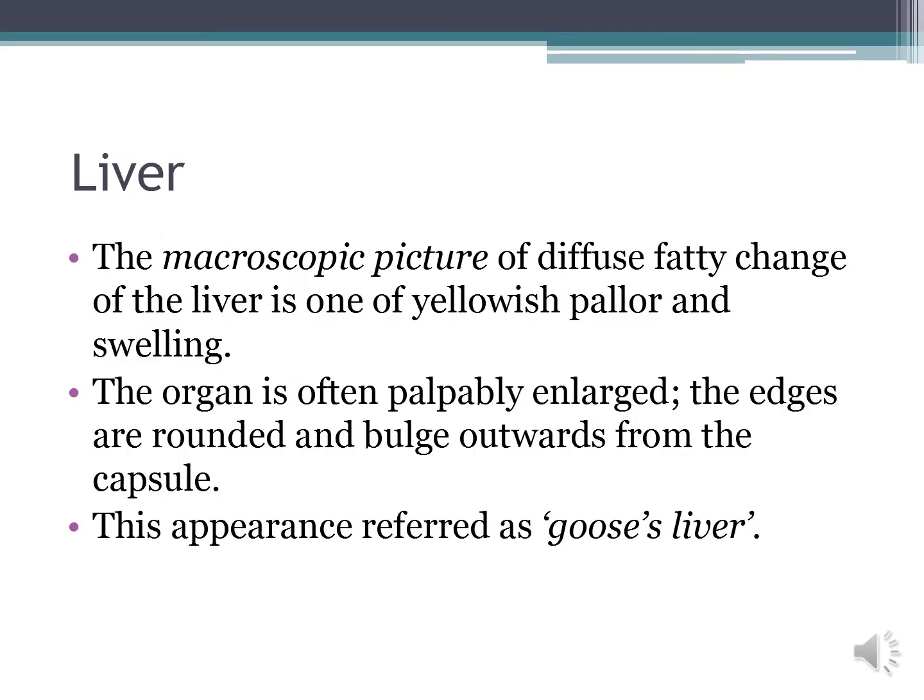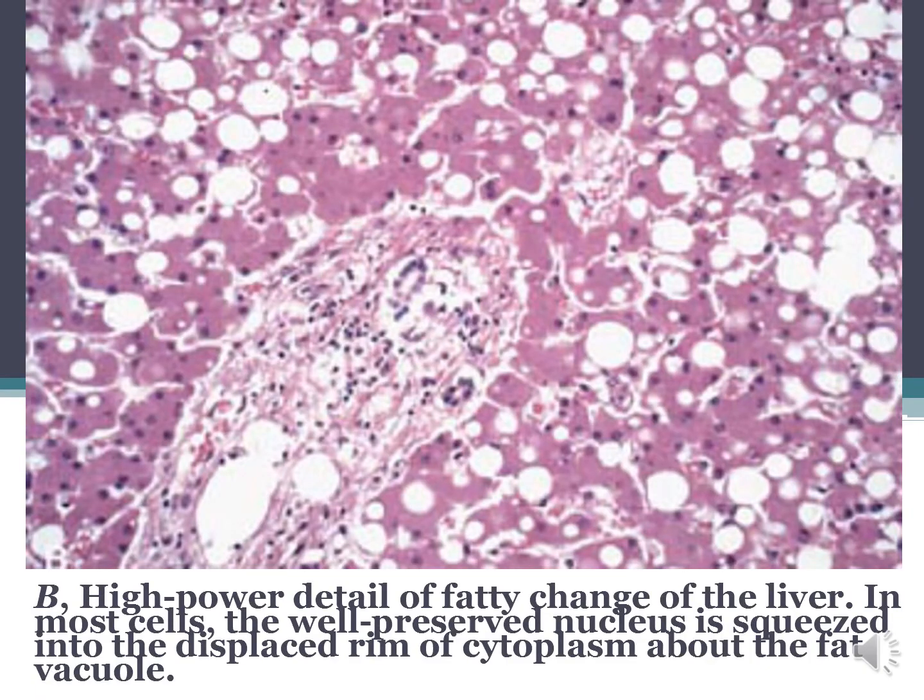The gross or macroscopic picture of the fatty change of the liver is one of yellowish pallor and swelling of the organ. So we see the liver enlarged, the edges are rounded and bulge outwards from the capsule. This appearance is referred to as the goose's liver.